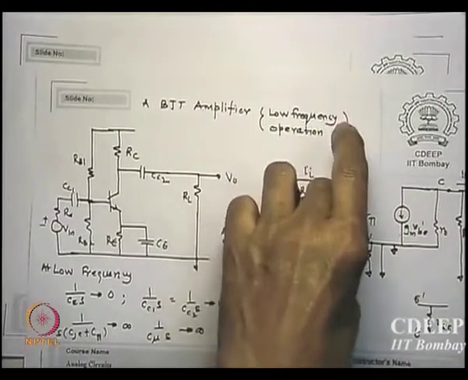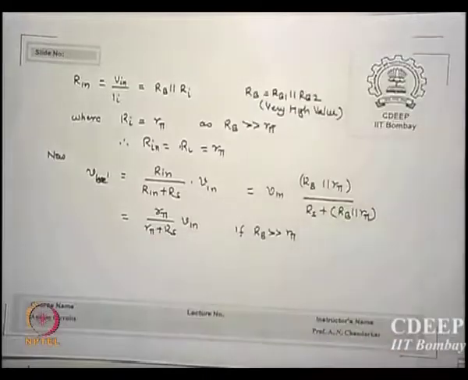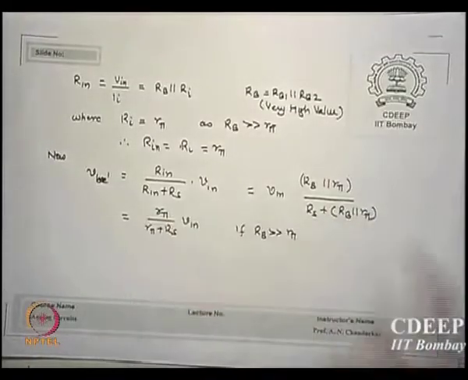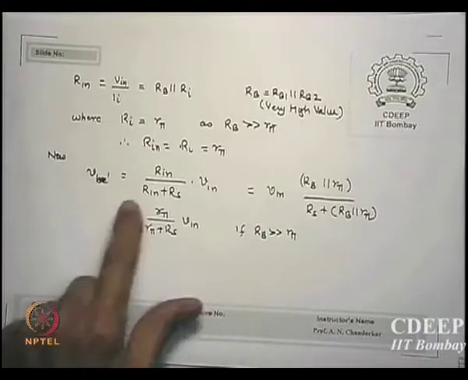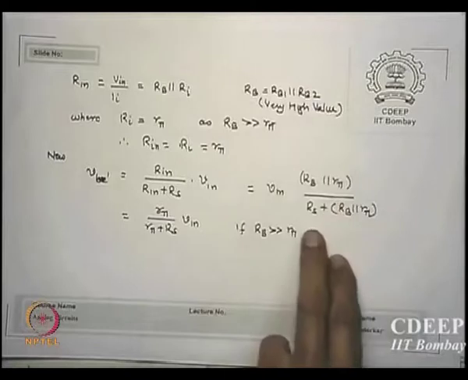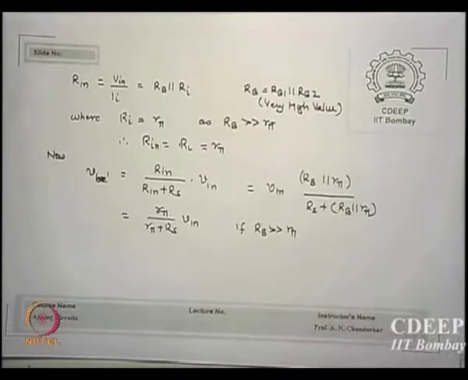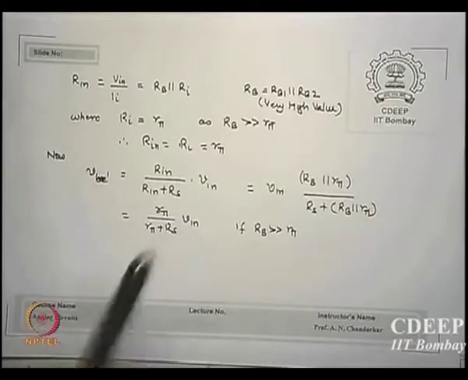This voltage is this plus this into Vin, as a simple divider, okay. So that is the expression I used. Typically it can be written as Rin upon Rin plus RS times Vin, or Vin times RB parallel R pi upon RS plus RB parallel R pi, write everything, and if it is less, then R pi upon R pi plus RS times Vin if RB is also larger.